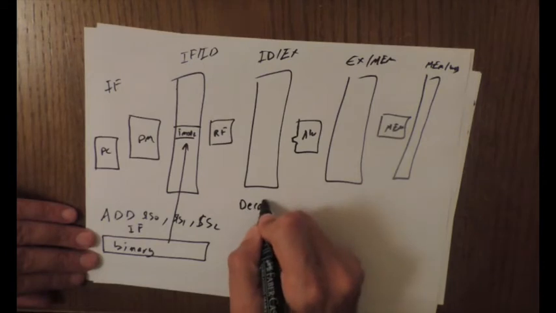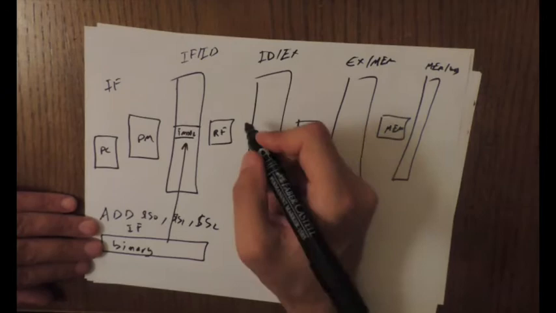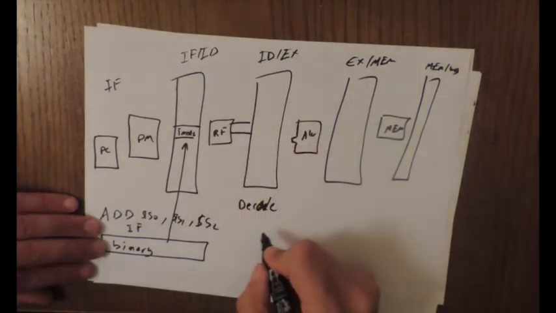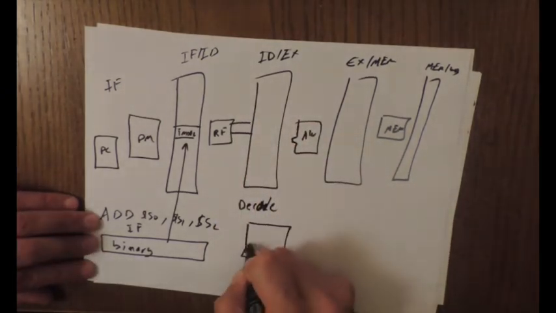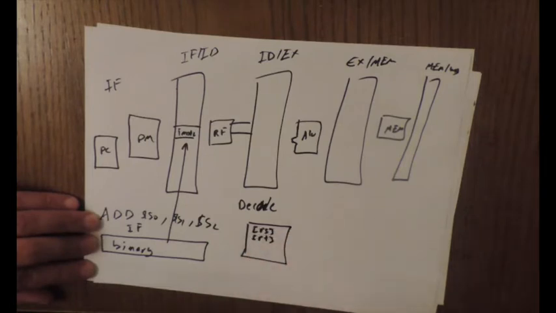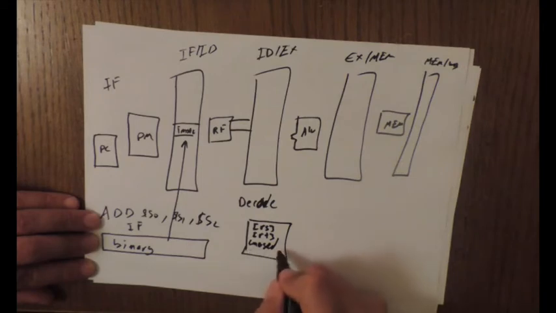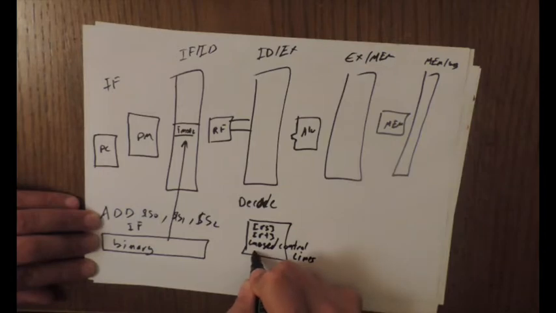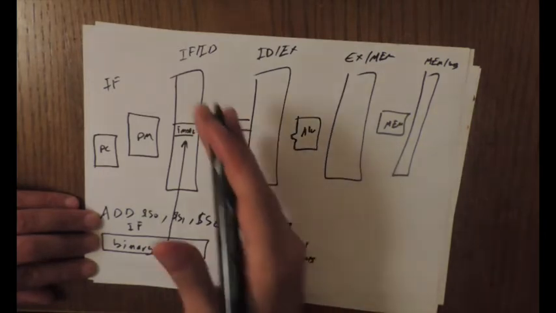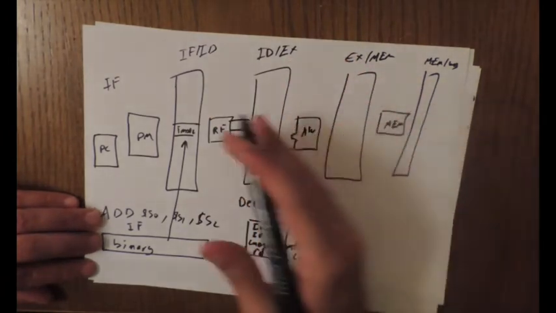In decode, so in instruction decode, the package will be the content of RS, the content of RT, and the unused control lines, and of course RD. Okay, everything that I don't consume in the register file in the decode stage, I go there.